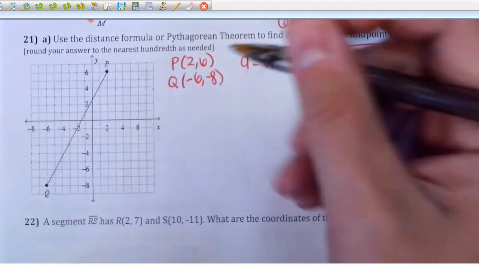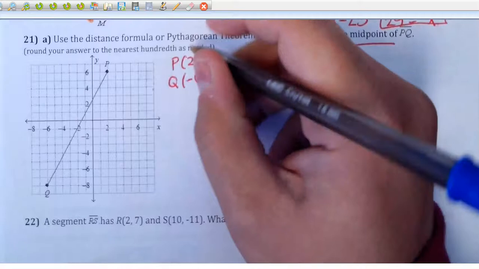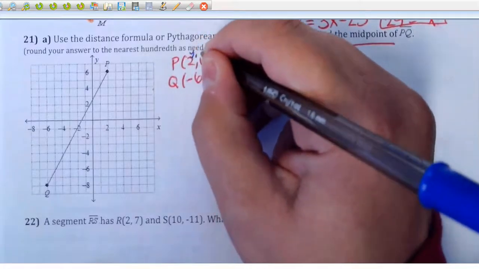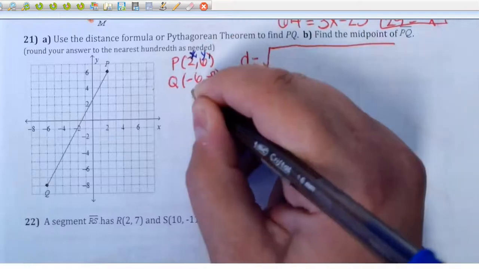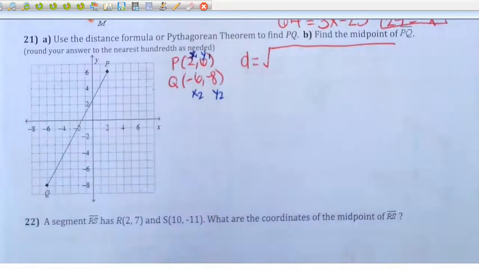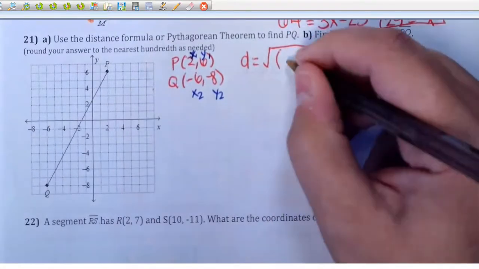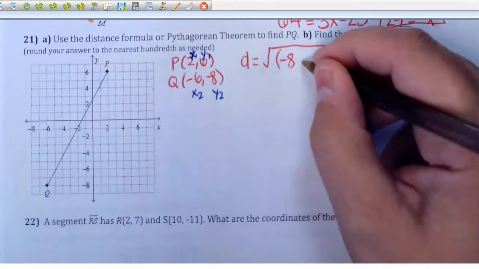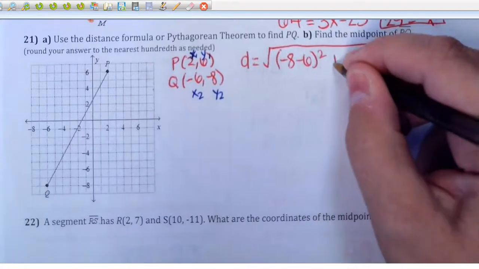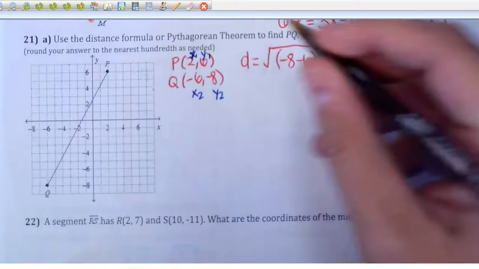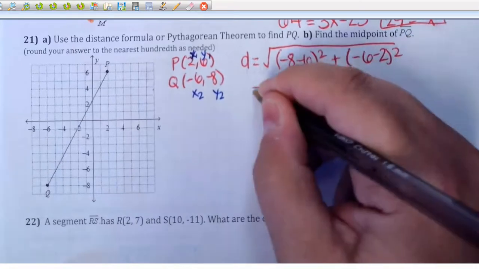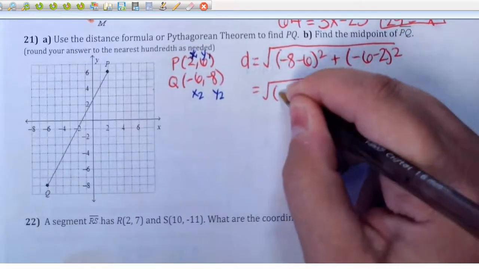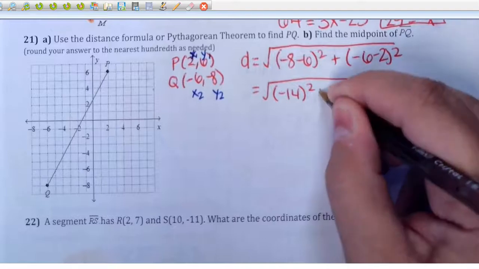So I'm going to label these points x1, y1, x2, y2, and follow my distance formula. We take the difference in the y-coordinates, so I'm going to do -8 minus 6 squared, and I add that to the difference in the x-coordinates, so -6 minus 2 squared, and I'm going to get -14 squared plus -8 squared.